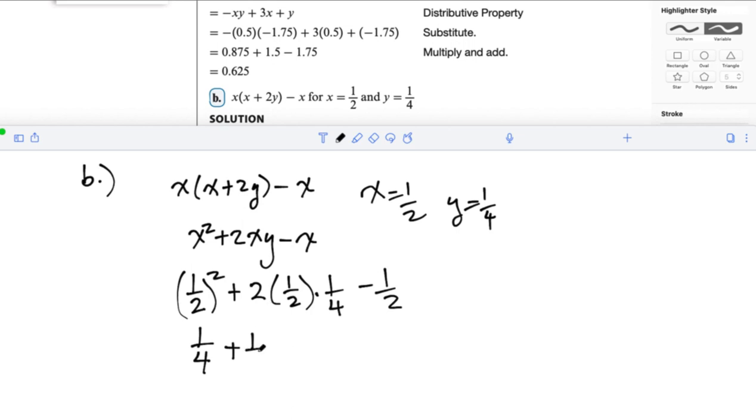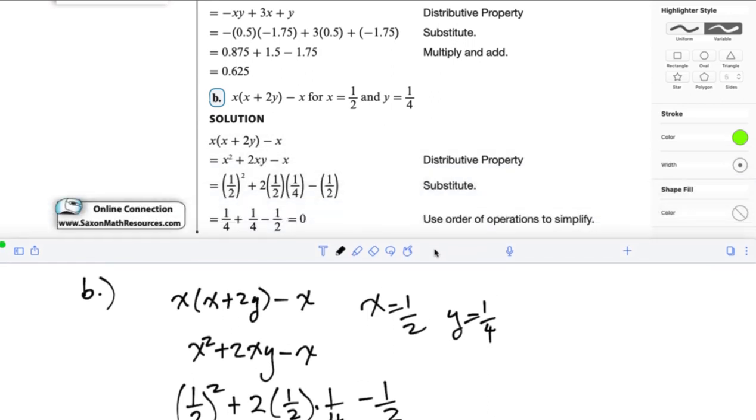So I'm left with 1/4 here when I multiply that all together, because 2 times 1/2 is 1, 1 times 1/4 is 1/4, and then I'm going to subtract 1/2. 1/4 and 1/4 is 2/4, minus 1/2, and of course we know 2/4 can be written as 1/2, minus 1/2. All that work just to come up with nothing. All right, so we end up with 0 at the end of that problem.